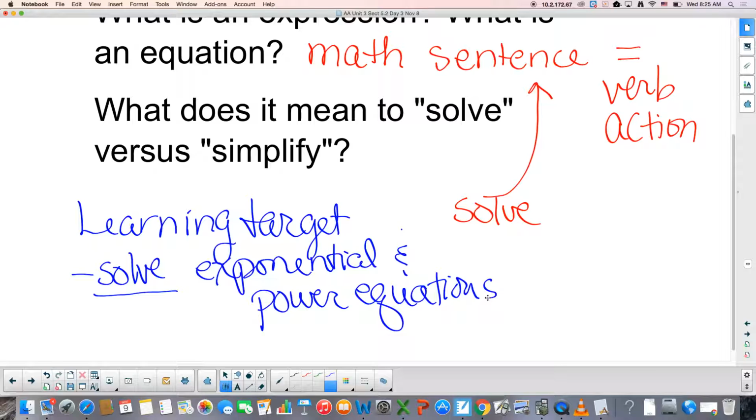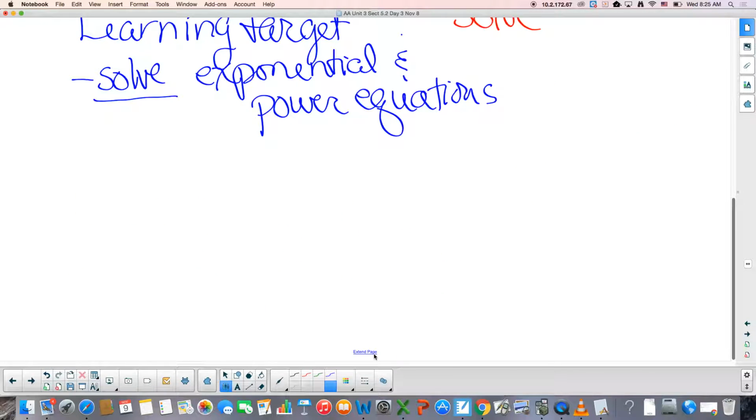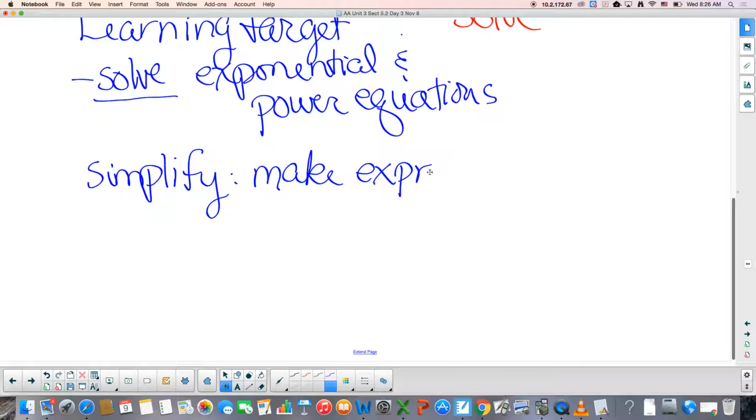We're gonna solve. So what does solve mean? Let me give you an example. Let's first start with simplify. Simplify just means to make it simpler. Make the expression, or it could be half of an equation, simpler.